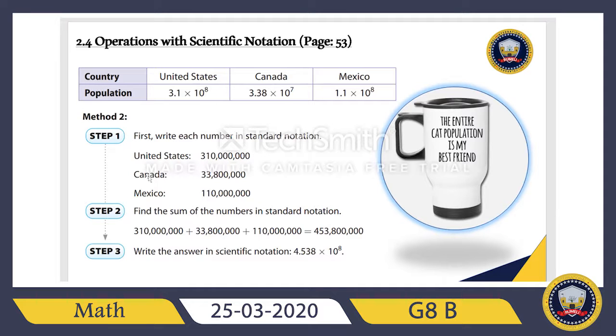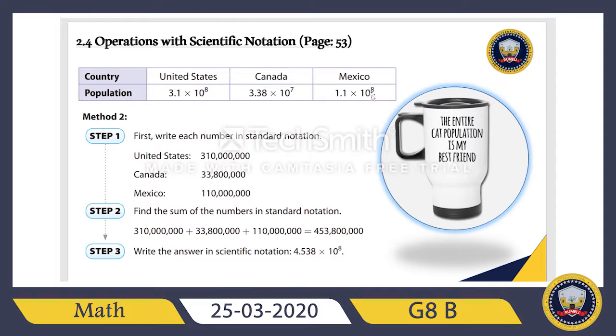Same thing for Canada. Power of 7. If I want to decrease it to power of 0, then I should move my decimal point to the right 7 places. 1, 2, then plus 5 zeros. And they are here. 1, 2, 3, 4, 5 zeros. So that's the equivalent number for Canada's population. Finally, Mexico, 1.1 times 10 to the power of 8.